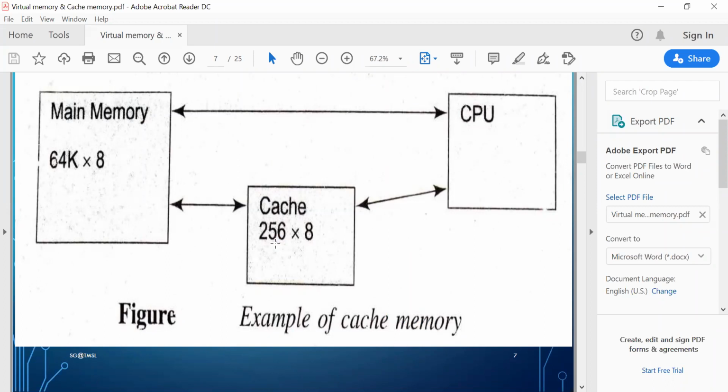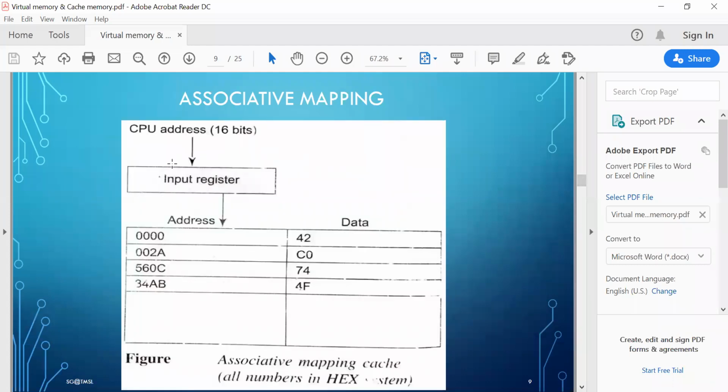Now in associative mapping, any location in cache can store any word from the main memory. So the CPU first sends a 16-bit address for a desired word to the input register.